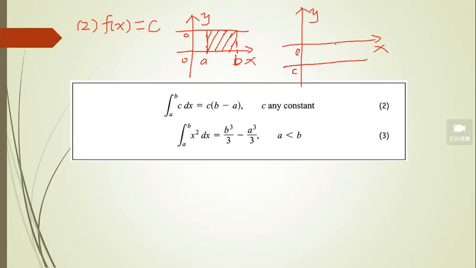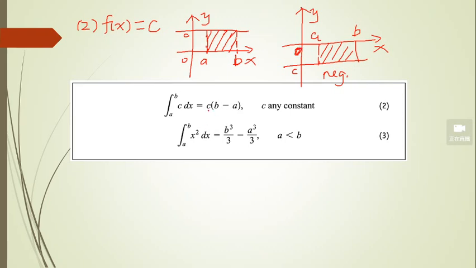If this is c from a to b, here is a, here is b, but this rectangle is below the x-axis. So what is the sign for this term, c times b minus a? Negative, right? This area is negative. This is the origin, 0.